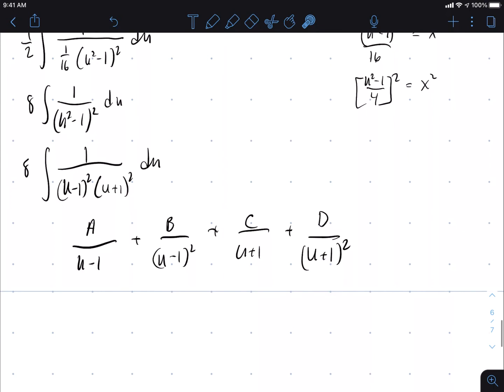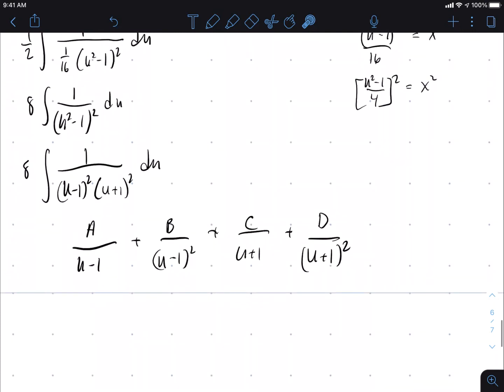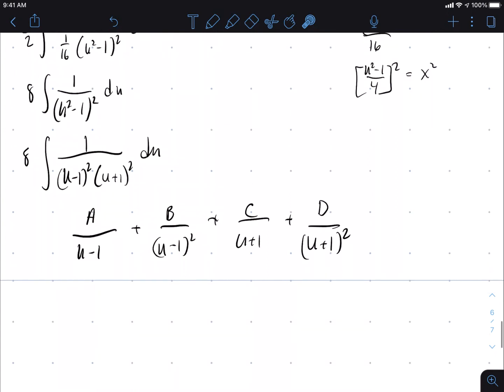Now from here, can you do the breakdown of this, or do you want me to break it down? Okay, so for the A, would you multiply it times just the u pluses? No, because it's not to the right power, right?